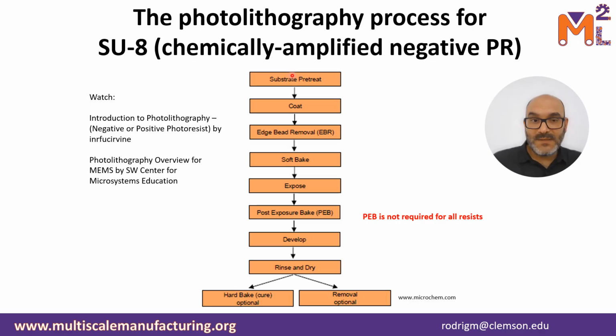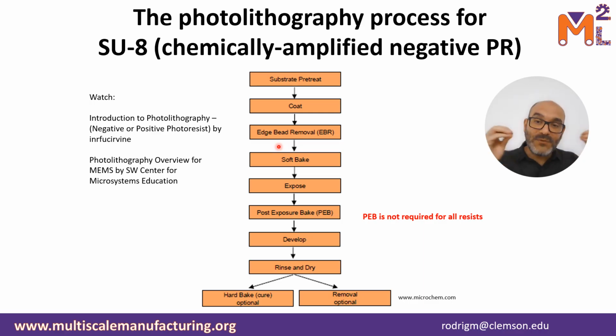So you start with the substrate pretreatment, then you will do the coating. Sometimes you have to do something called the edge bead removal. So basically when you're doing the spin coating, you can imagine that the centrifugal forces will tend to disperse the photoresist across the substrate, but the meniscus that starts developing at the edge of the wafer will start holding the material down, right?